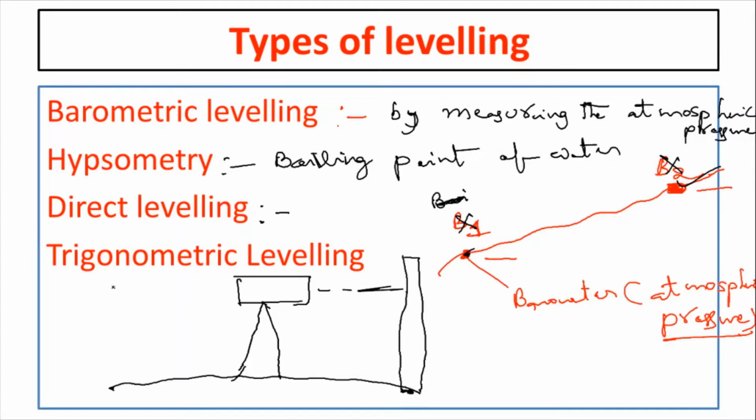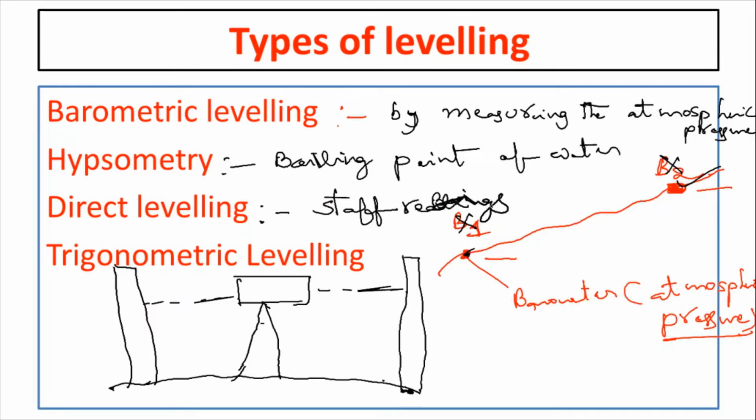Then we place the staff at the other point and take the staff reading. Based on the difference between the staff readings, you can determine the difference between the elevations of these two points. Such leveling is called direct leveling. So in direct leveling, we determine the difference in elevation by determining the staff readings.